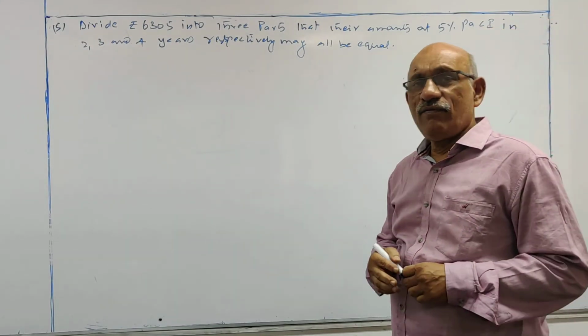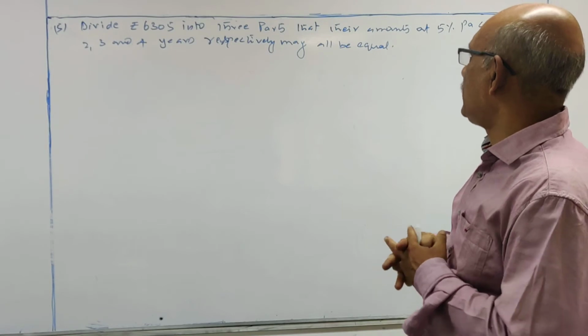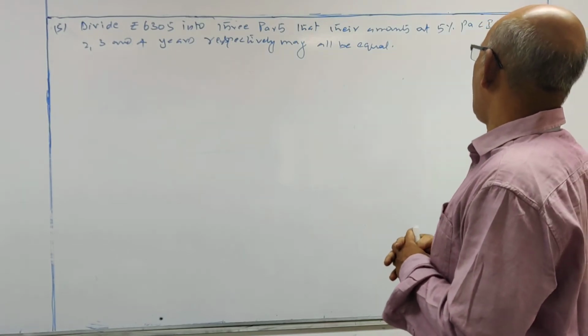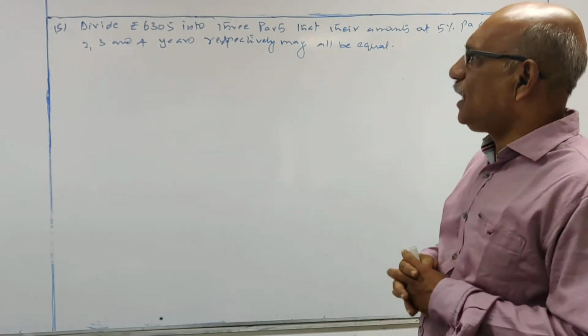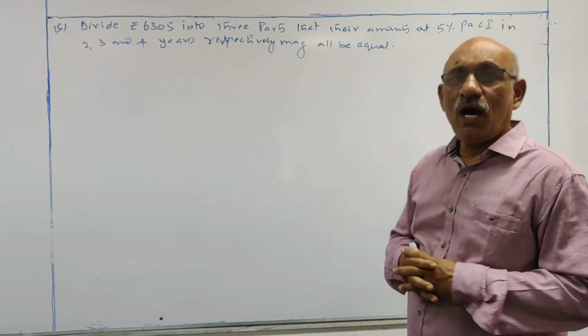Okay, sir. Divide rupees 6305 into 3 parts, so that their amounts at 5% per annum CI in 2, 3 and 4 years respectively may all be equal.